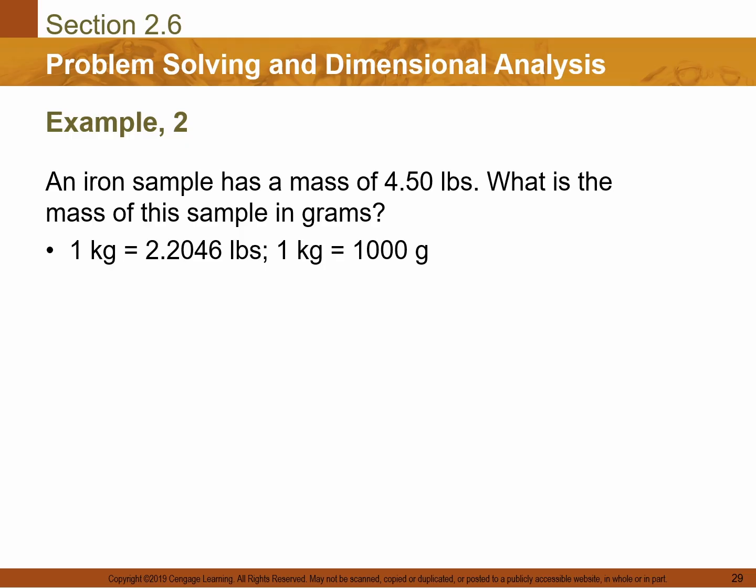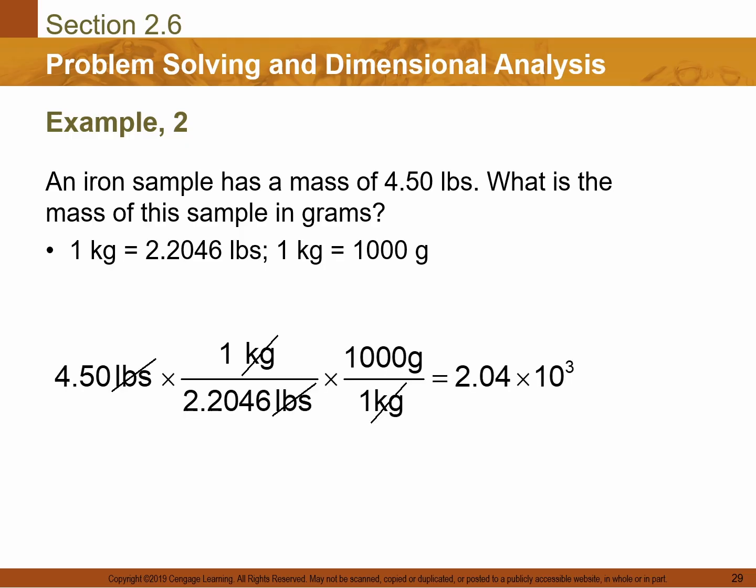And now we'll do this example where we're going to have multiple steps to get to where we need to go. If we have an iron mass sample of 4.5 pounds, what is the mass of the sample in grams? We're going to need to set it up like this.